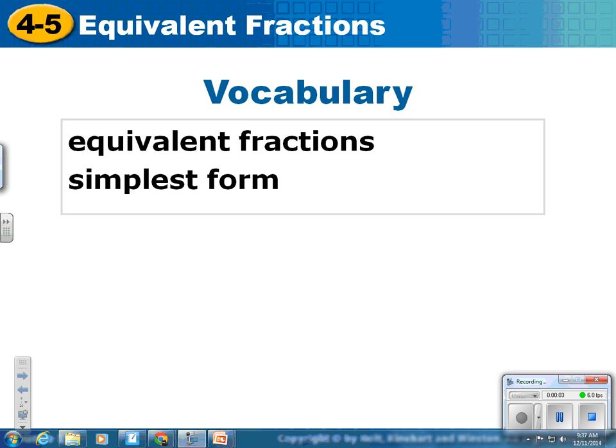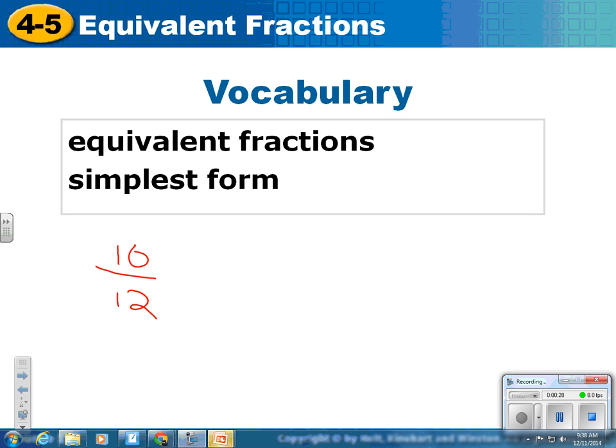Equivalent fractions in simplest form. If you have a fraction that looks like this, 10/12, we need to find something that's equivalent, meaning equals the same.